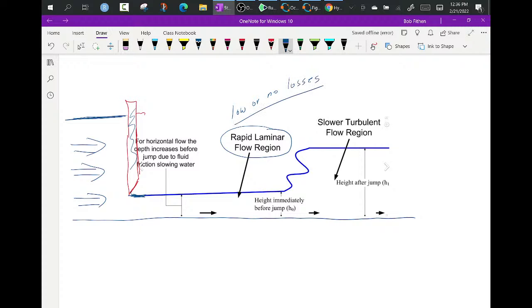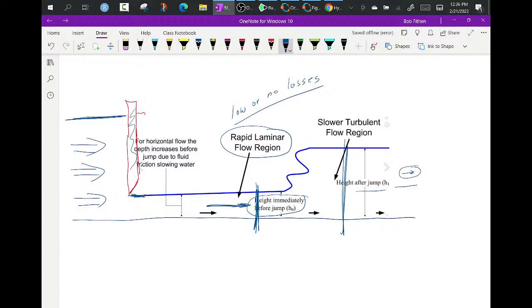And then right before the jump, you might see something like this. But if you compare this to here, you'll find the velocity will slow here, so maybe it's going this fast here, and the exit may be going this fast.